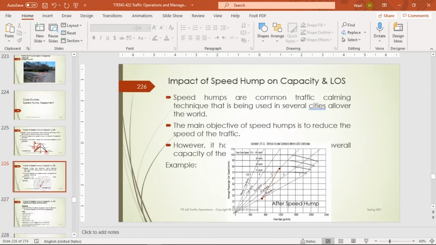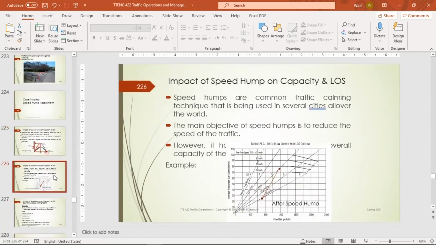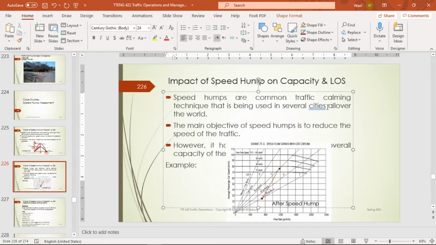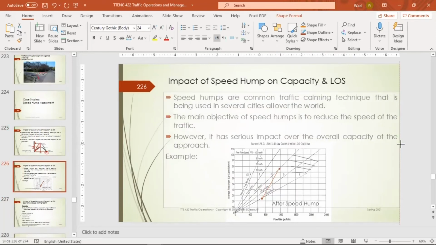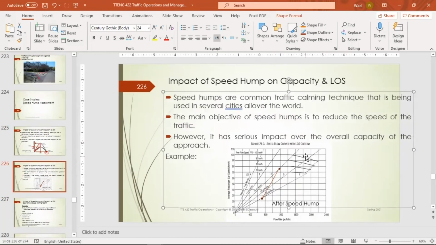If we look into the speed density diagram, say we have a speed hump designed to have a drop to 25 kilometers per hour.